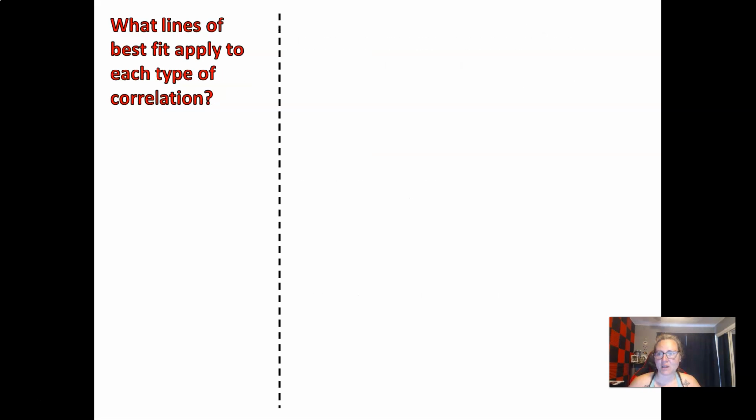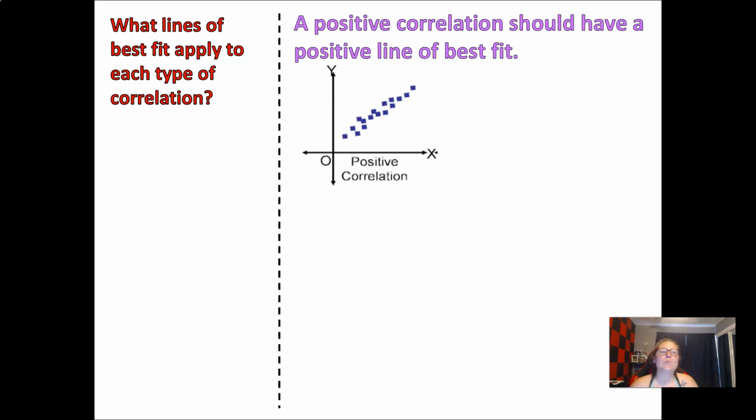Okay, so what lines of best fit apply to each type of correlation? What were our three types of correlation? We had positive correlation, negative correlation, and no correlation, right? When you have positive correlation, you should have a positive line of best fit, meaning the slope is positive.